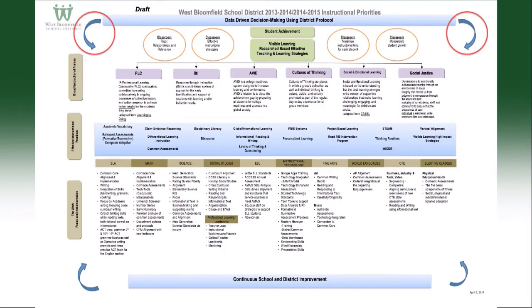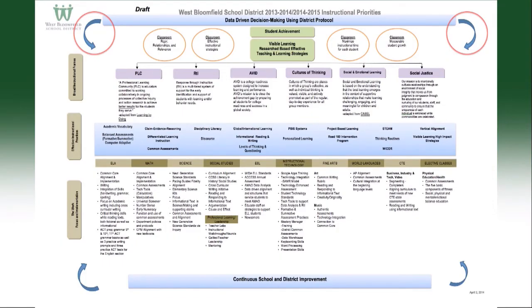This particular protocol gives us a common process for analyzing student data, and it reinforces the importance of regular data analysis to measure student growth, to help us select teaching and learning goals, and to determine the effectiveness of the instructional strategies that we're using throughout our district.